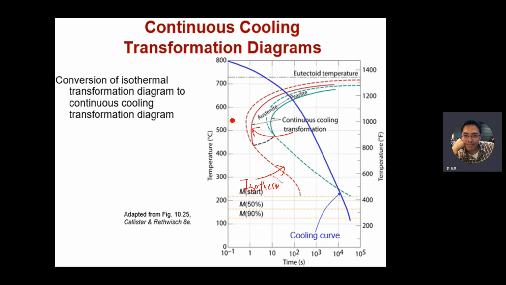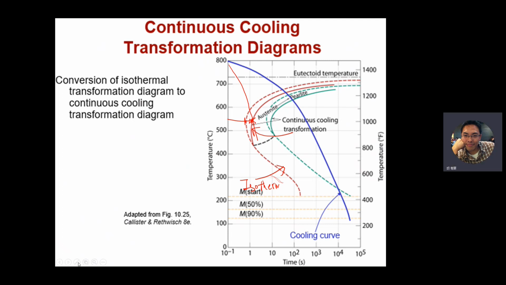For example, if I drop the temperature to 550, the transformation will start at this point, and for the continuous cooling rate, it will take a longer time, delayed for transformation, if my cooling rate is like this. Okay, we will have a delay.